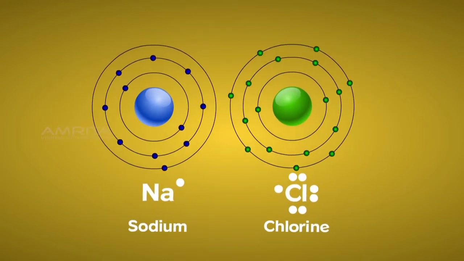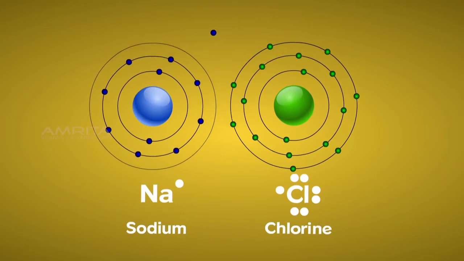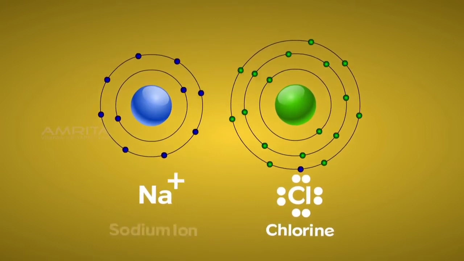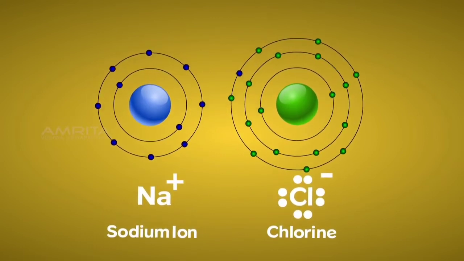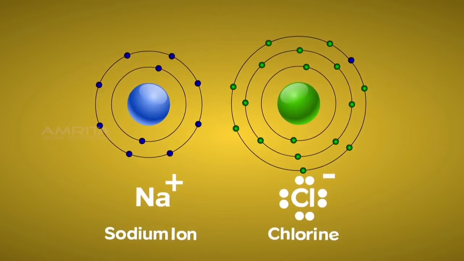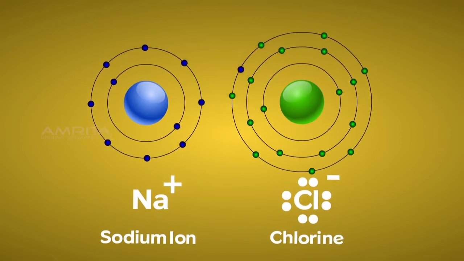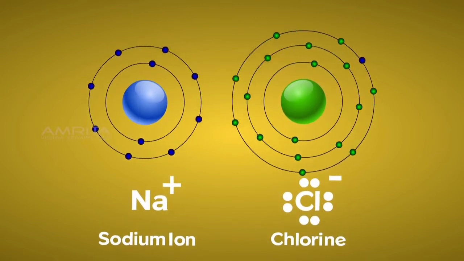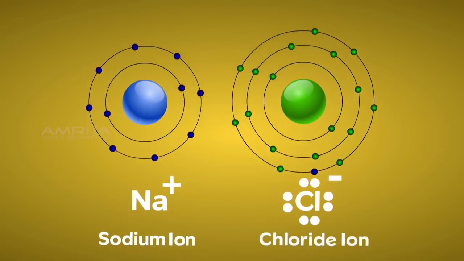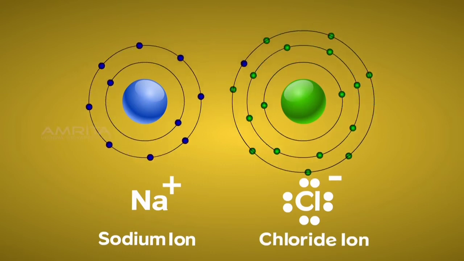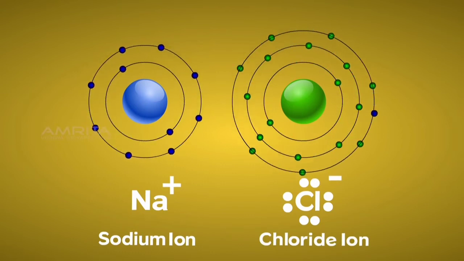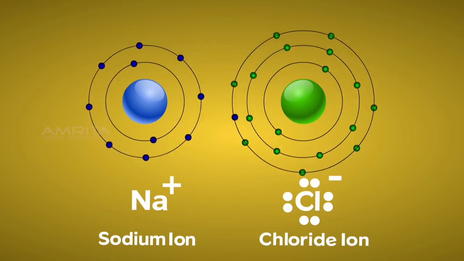When these atoms collide with each other, the sodium atom loses its 1 electron and becomes positively charged, and the chlorine atom accepts 1 electron from sodium and obtains a negative charge. After they obtain a stable configuration, it results in the formation of the sodium chloride compound that you can see in this picture.